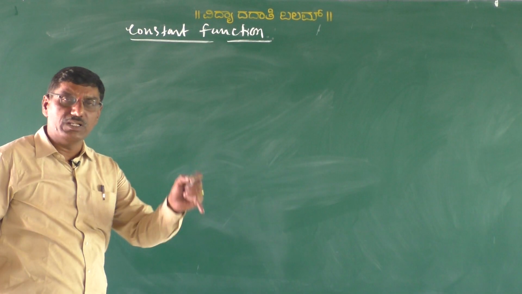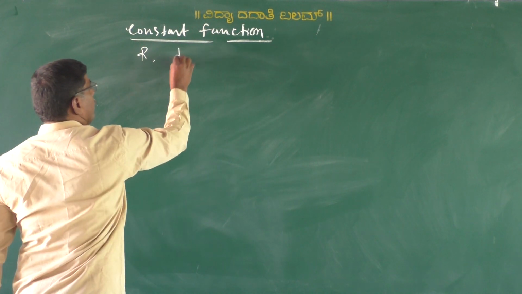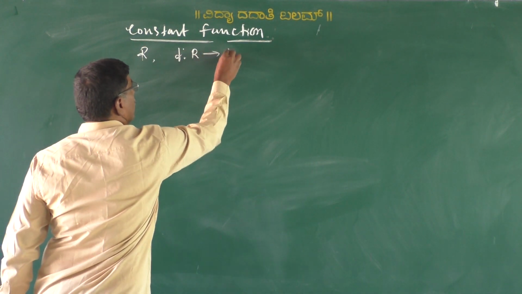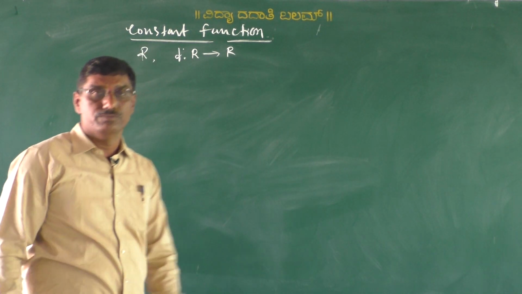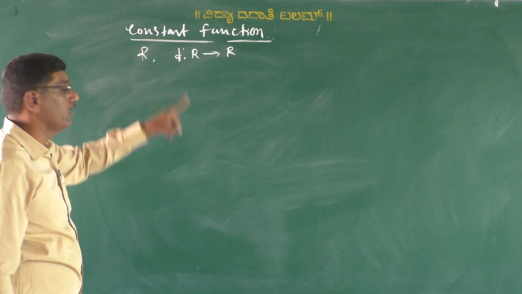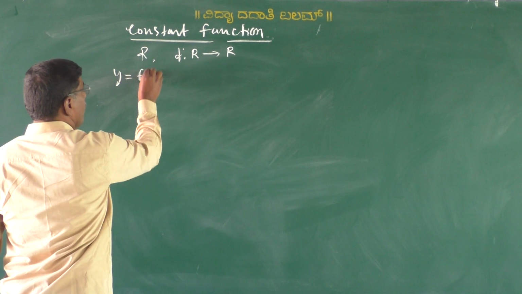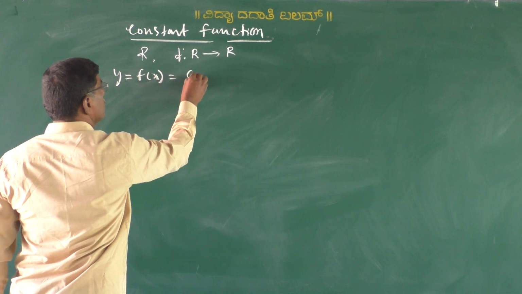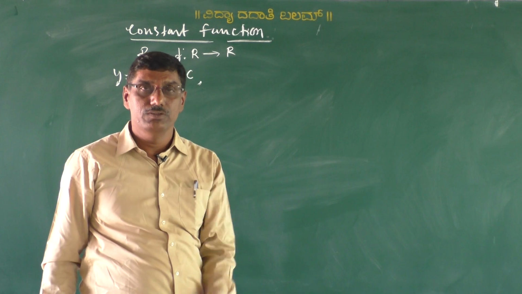Let R be the set of reals. Let f from R to R be a real function. Then we define a constant function by y equals f of x equals c, where c is called a constant.